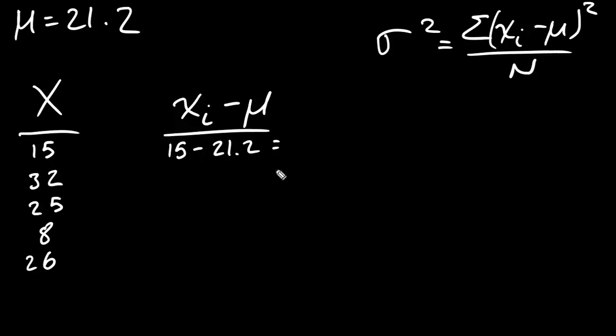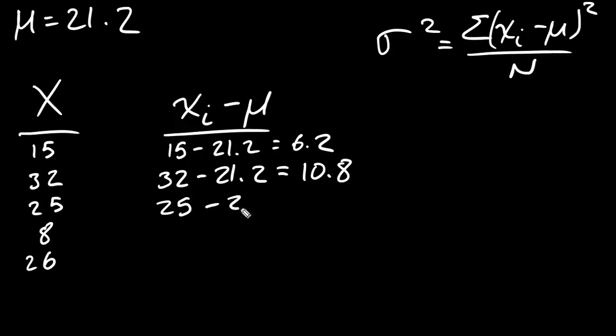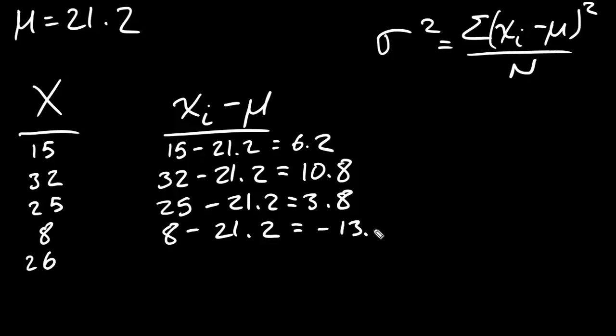That is going to give us 6.2. 32 minus 21.2 is going to give us 10.8. 25 minus 21.2 is going to give us 3.8. 8 minus 21.2 is going to give us negative 13.2.